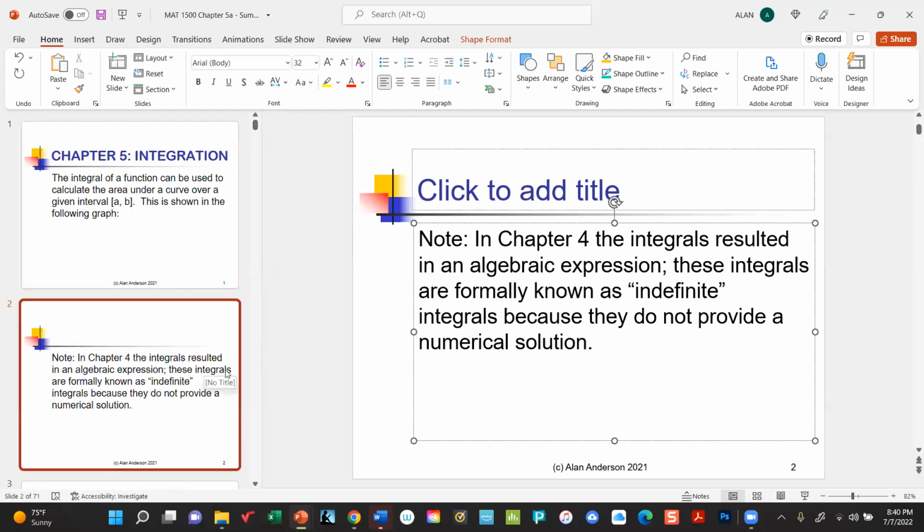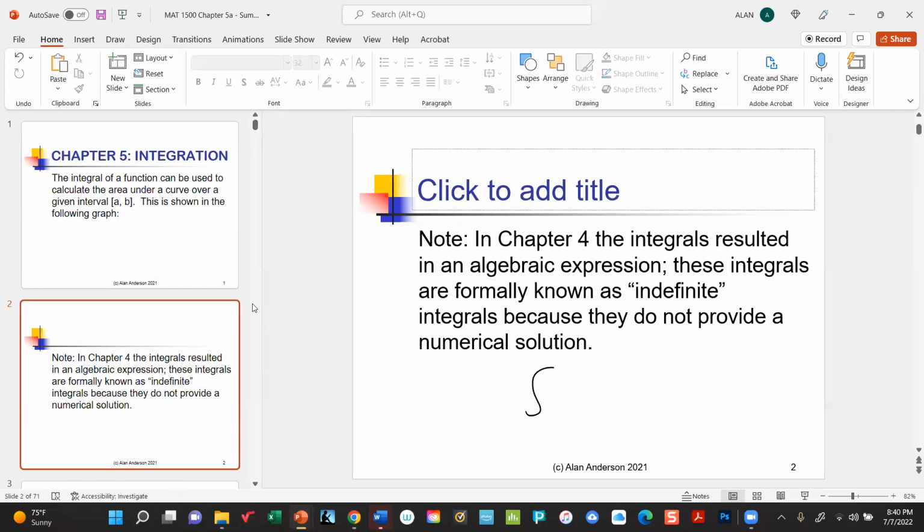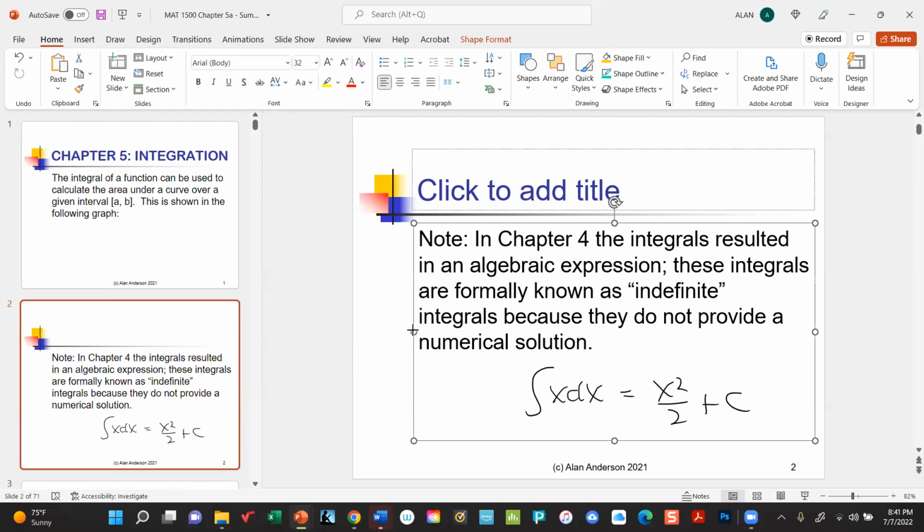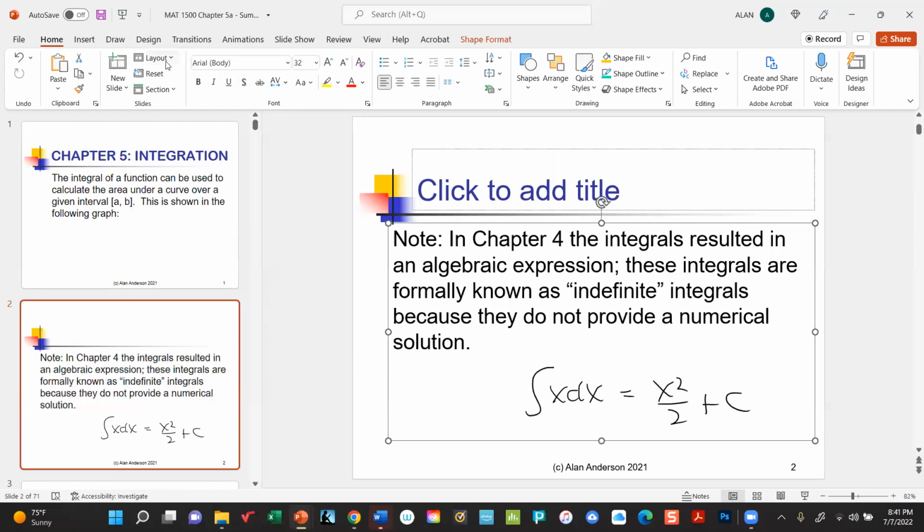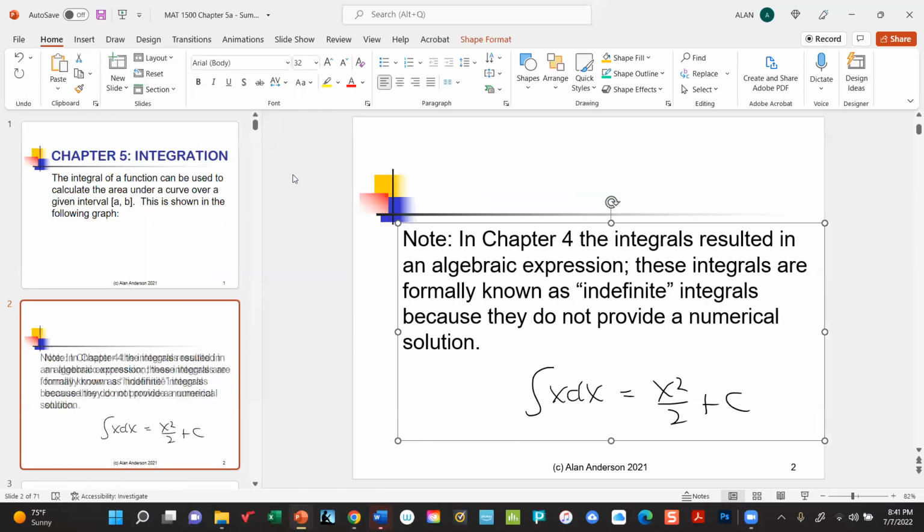Okay, so when you see integrals written with this symbol, this is an indefinite integral because, yes, we end up with x squared over 2. That is correct, but it's not a specific amount. It's not a constant. If we need that constant amount, we have to specify the interval over which this integral is being evaluated.